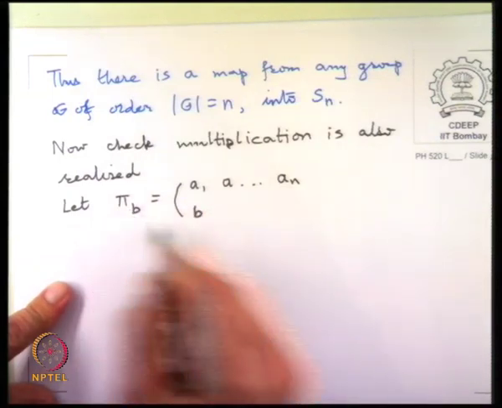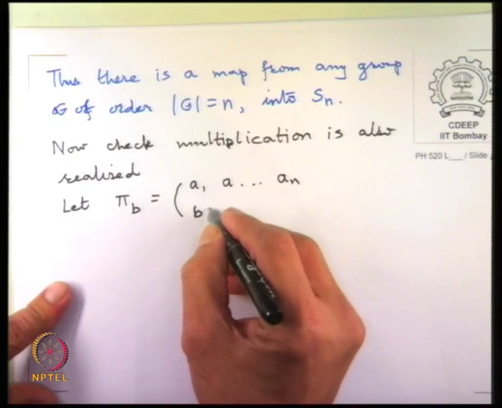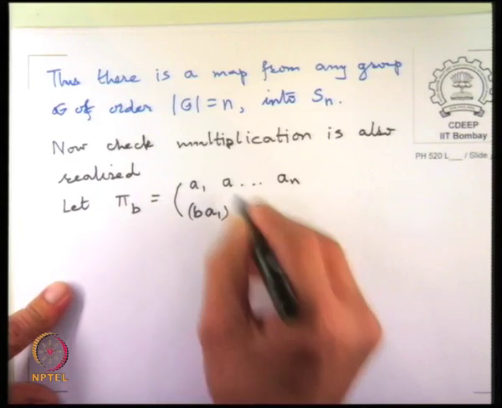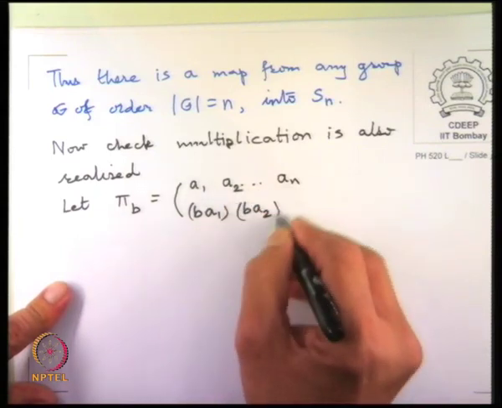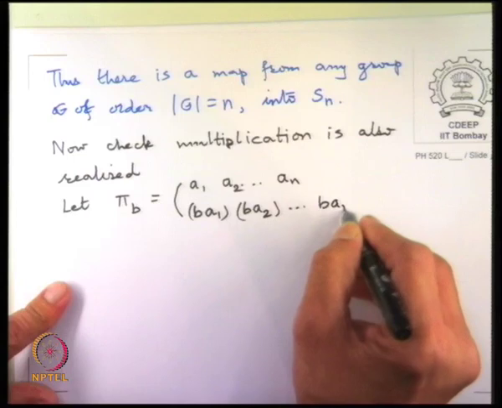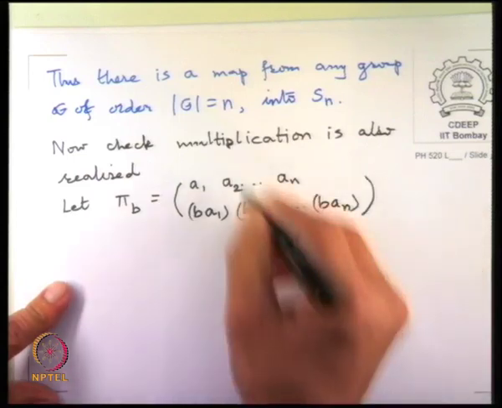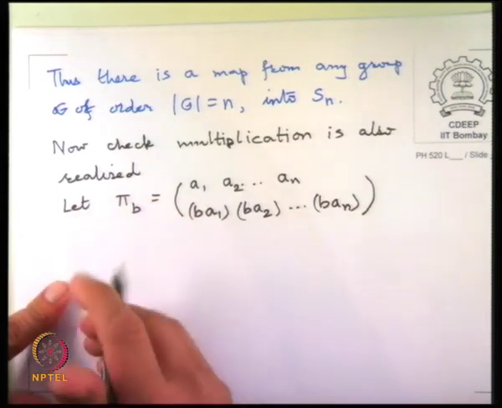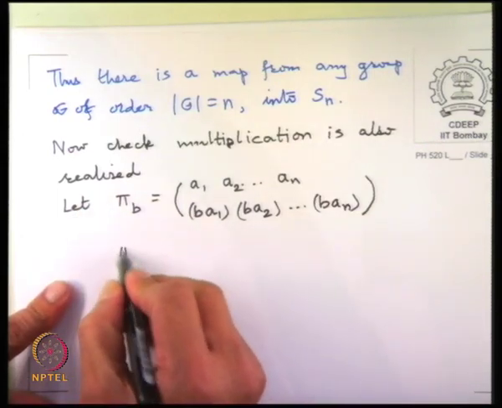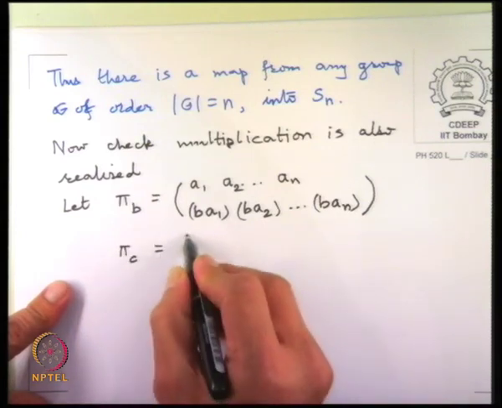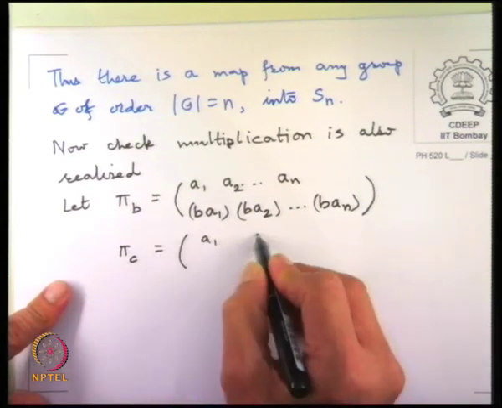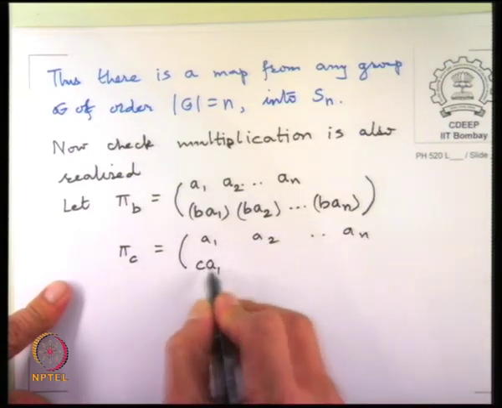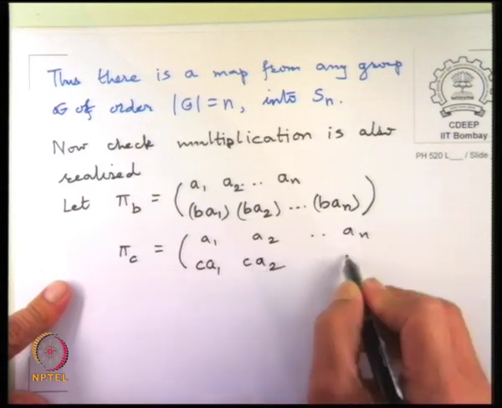Obviously, pi b is realized by whatever is the effect of b on A1, whatever is the effect of b on A2, etc. So this representation gives you how pi b is represented as a permutation, and let pi c be equal to A1, A2 dot dot An with CA1, CA2, CAN.